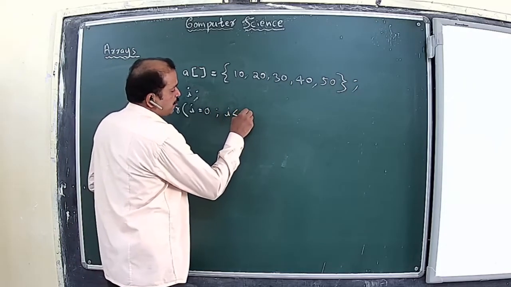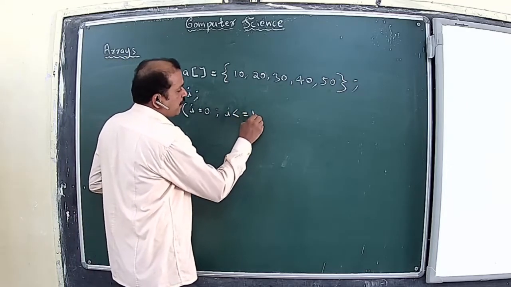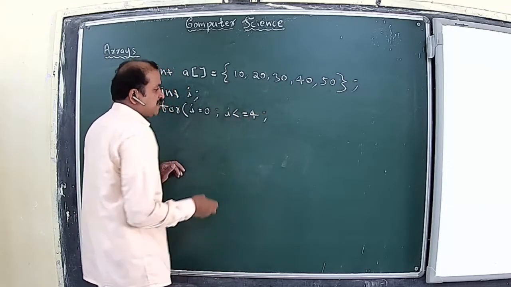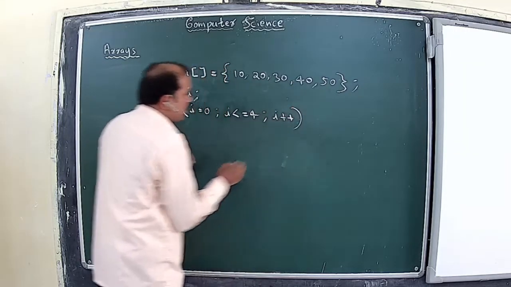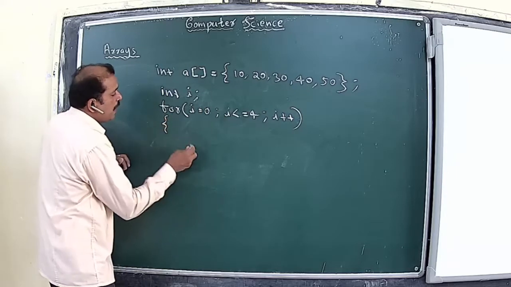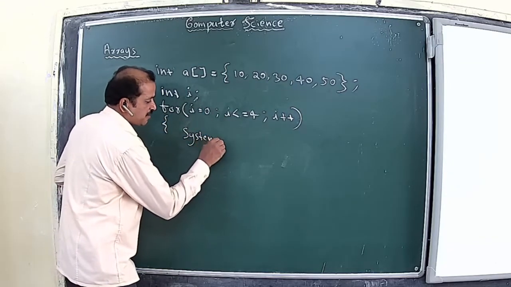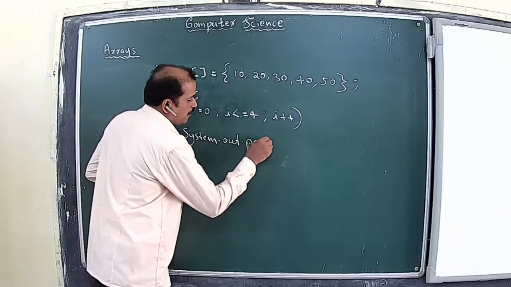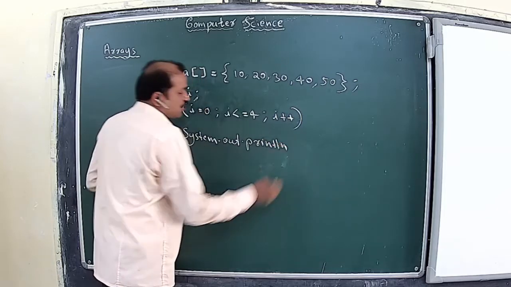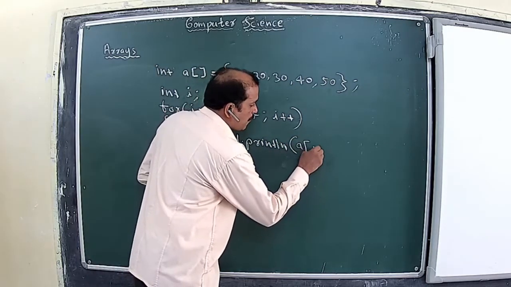I less than or equal to 4, we can put, or less than 5 also can be placed, but for clarity purposes we will be using I less than or equal to 4, followed by the increment operator. We are going to print each of these array elements in separate lines using this statement. So we will be using the println statement instead of the print statement. This is how it can be done. A of I.